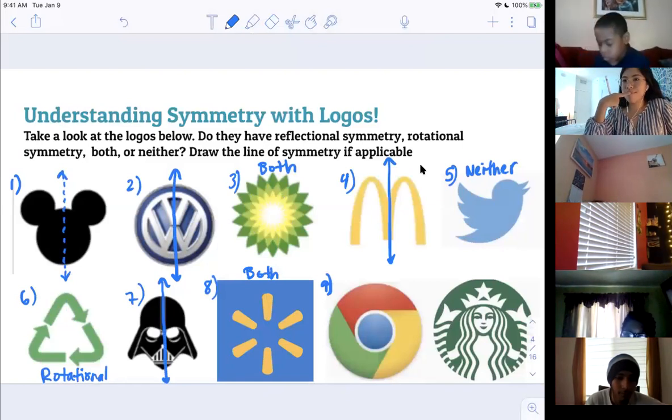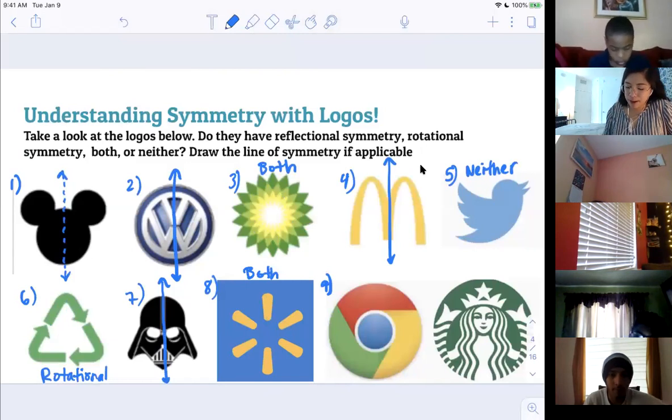If it was black and white, but even if I cut this in half, hold up. This does not line up, right? No, because that would not match with itself. So it would only be rotational. And then Starbucks, shout it out. Reflectional. Reflectional, yeah.